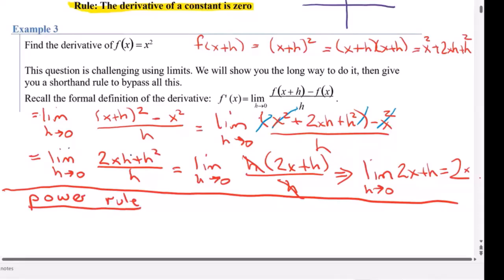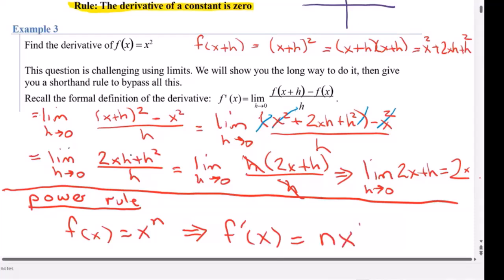And our power rule says if f of x is equal to x to the n, n could be fractions, it could be pretty much anything, then the derivative of this function would equal n times x to the n minus 1.